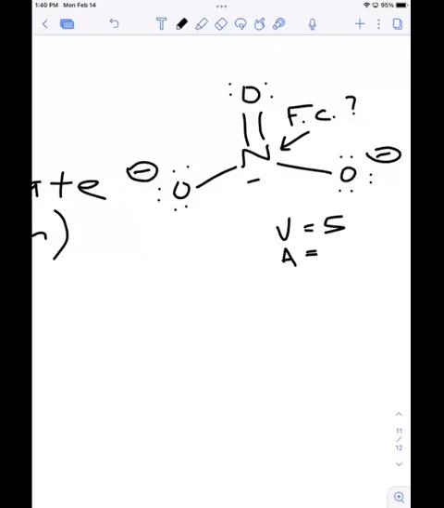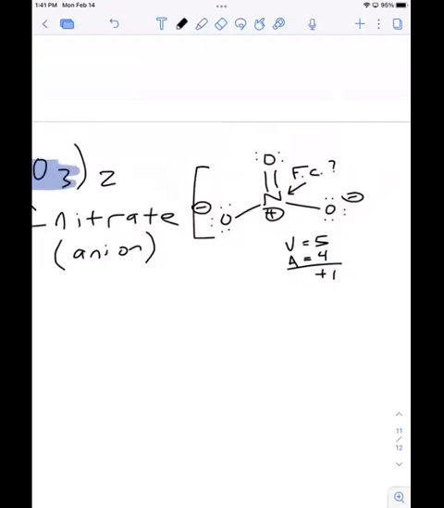Yes, it's +1. That's exactly right. The actual is 4. There's 1 electron in each bond shared with nitrogen, so valence minus actual will be +1. We'll normally just write it as a plus like that. All right. So the overall charge on the nitrate anion is -1.